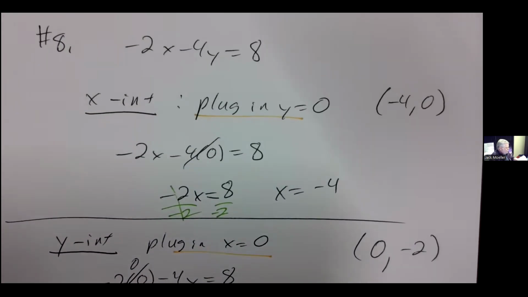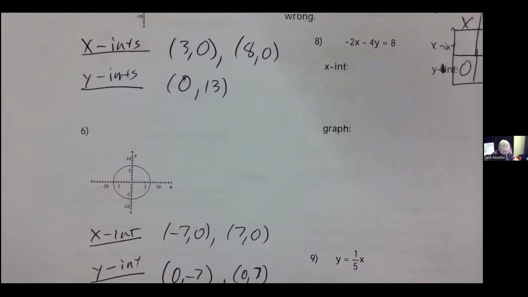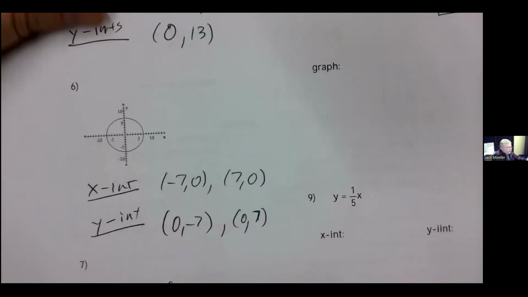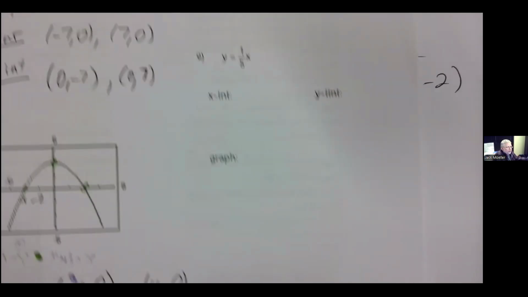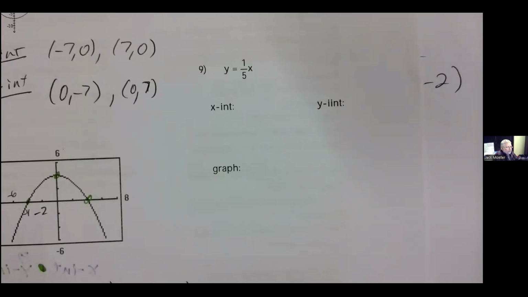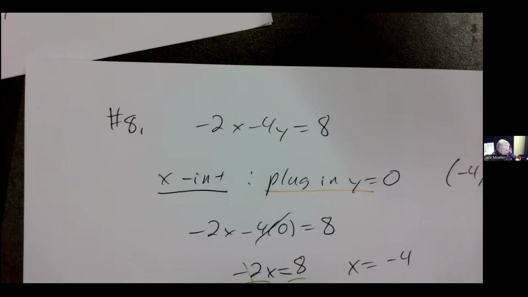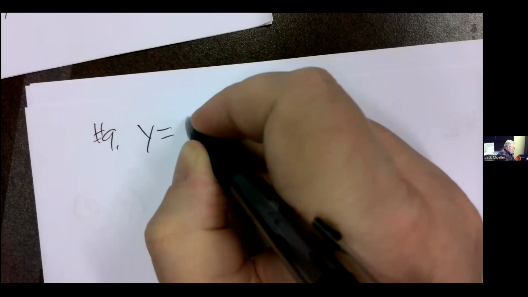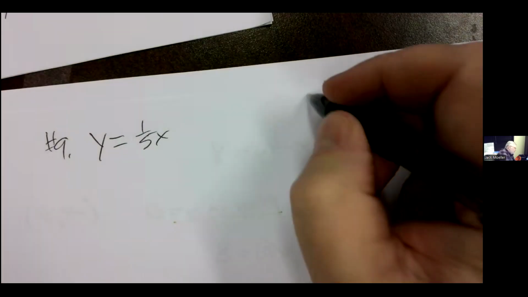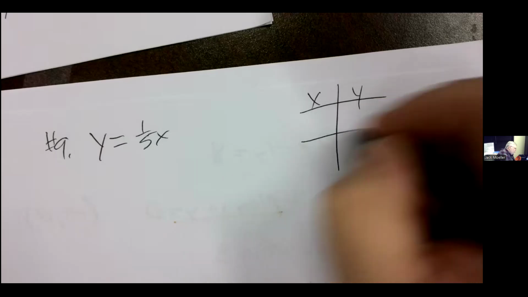Okay, I want to do one more of these by hand, and we're going to talk briefly about horizontal and vertical lines, and then we'll get into the MyMathLab tools. All right, so the next one is y equals 1/5 x. We're going to graph it using the intercepts again, and again, I like to do this in t-table form.